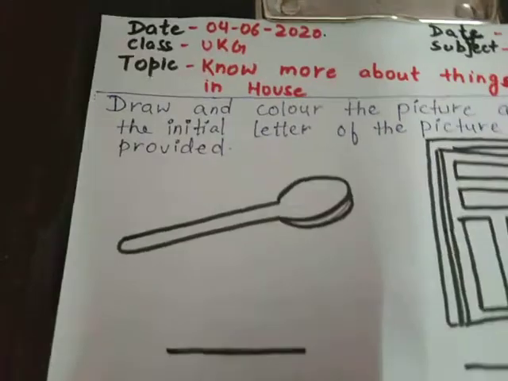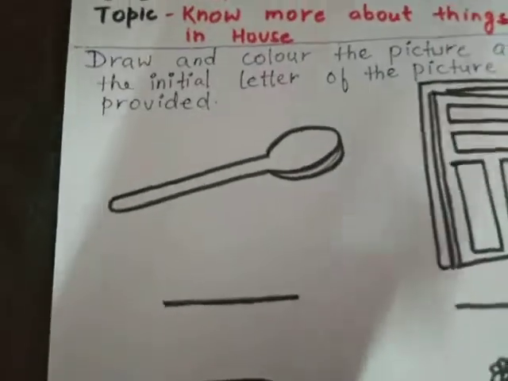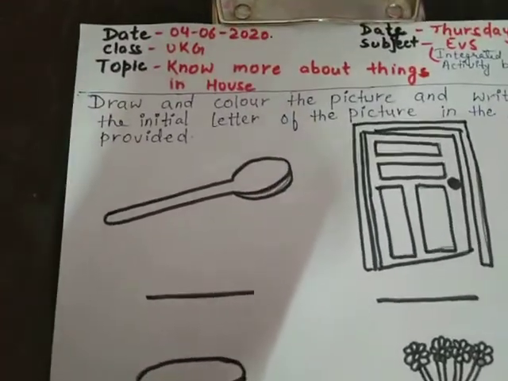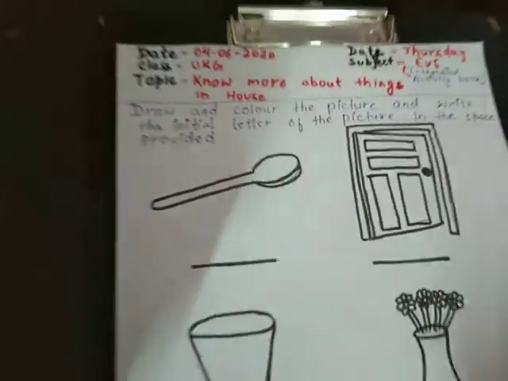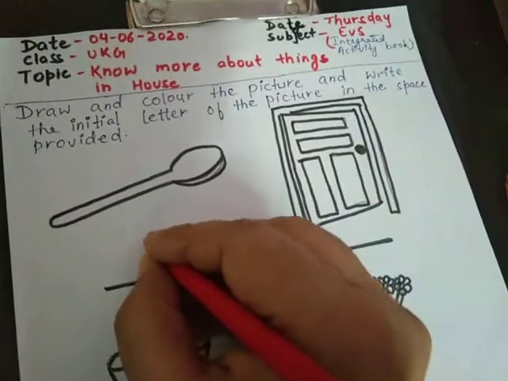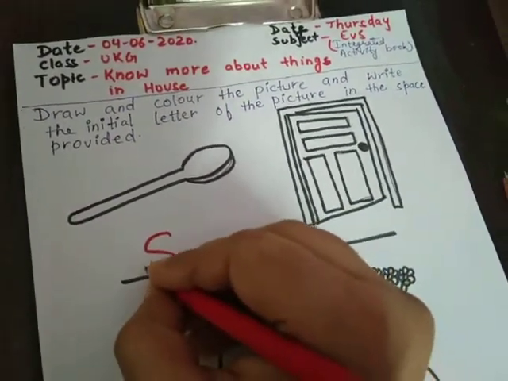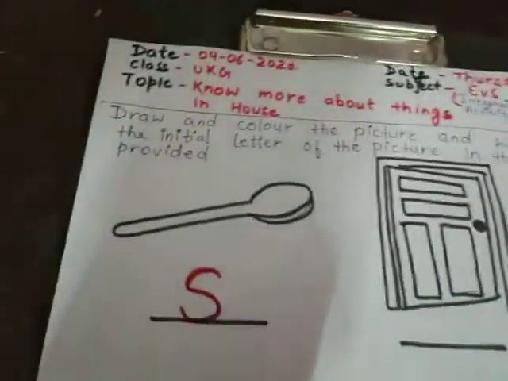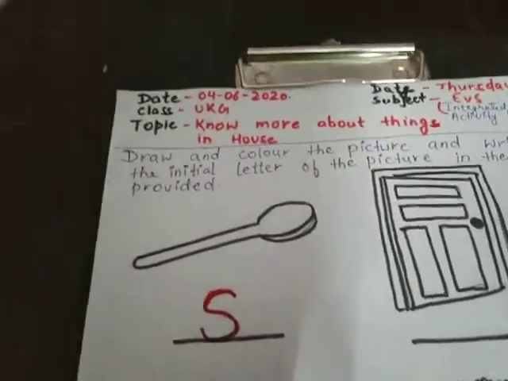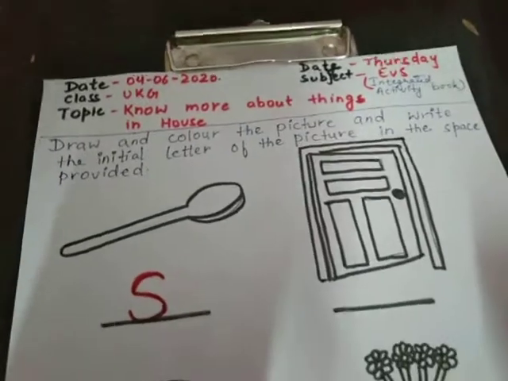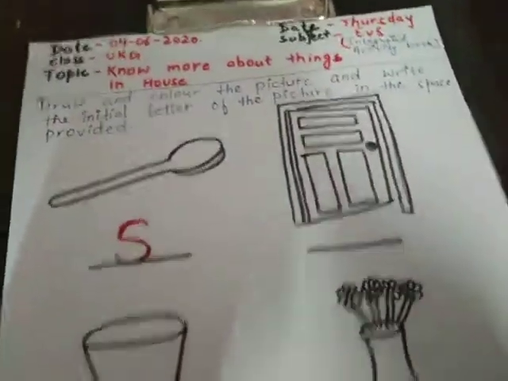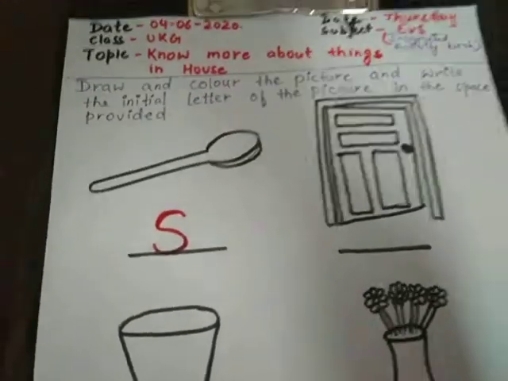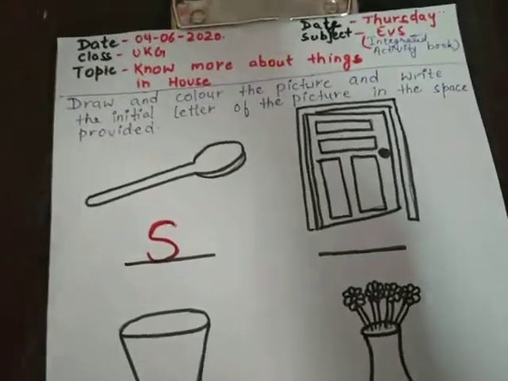Can you recognize it? So you have to write S over here. You just have to write the initial letter of the picture.